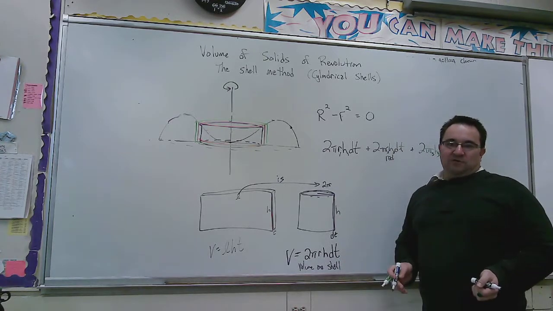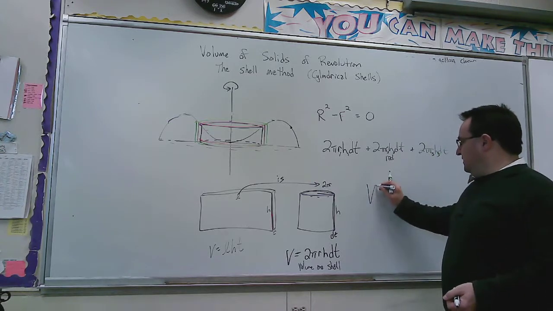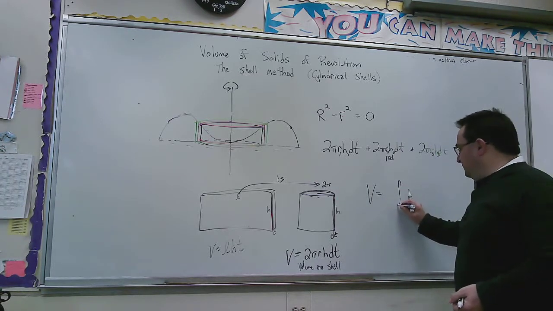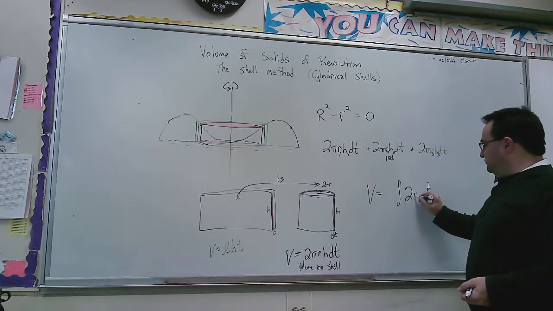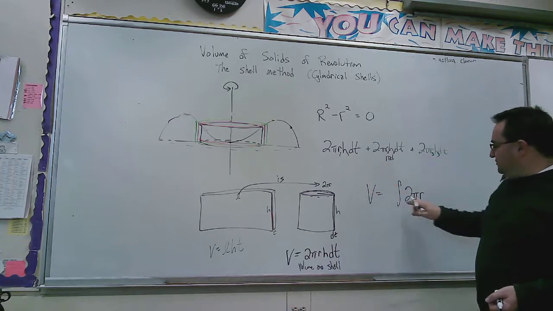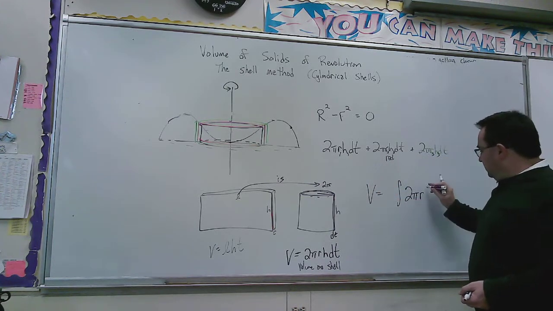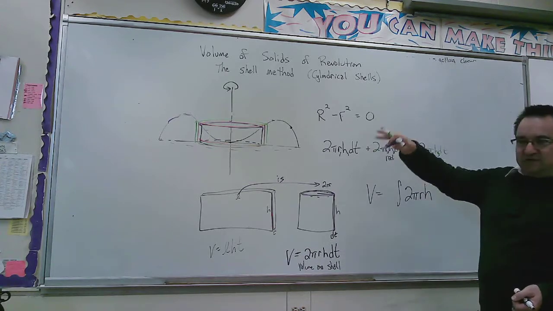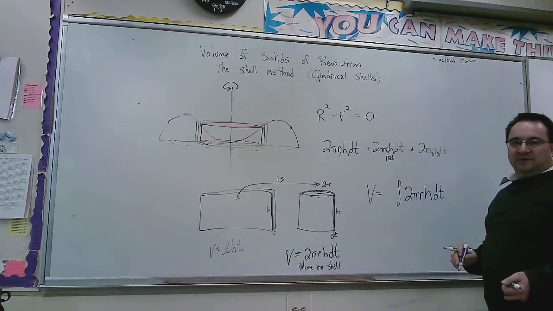In calculus, how do I add up an infinite number of these things? It would be the integral, the infinite sum of all the 2 pi, and now I understand this r is actually variable. This r is in a state of changing, times h, which is in a state of changing, times the thickness, right?